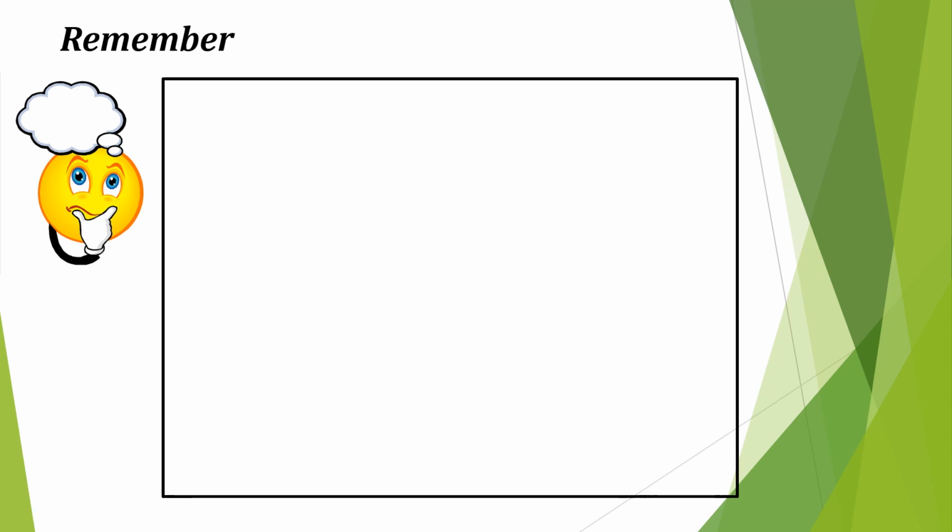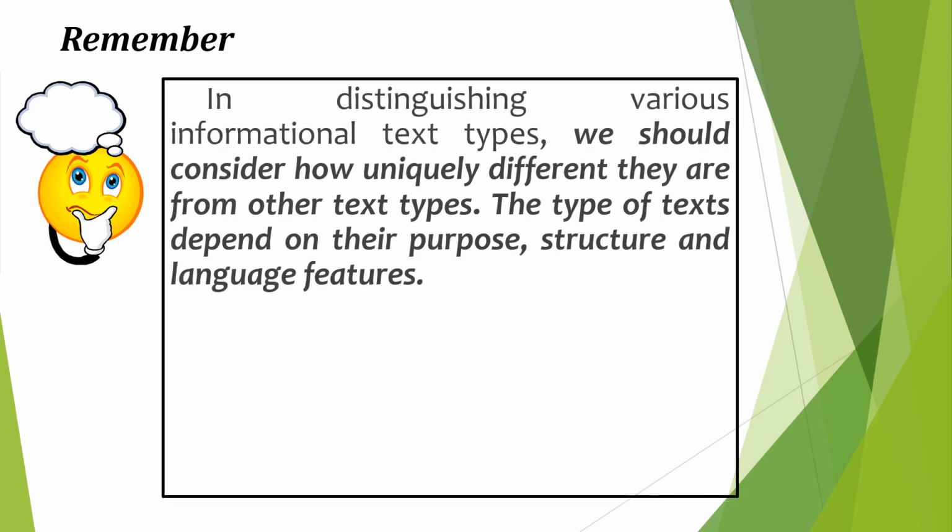Remember, in distinguishing various informational text types, we should consider how uniquely different they are from other text types. The type of text depends on its purpose, structure, and language features.